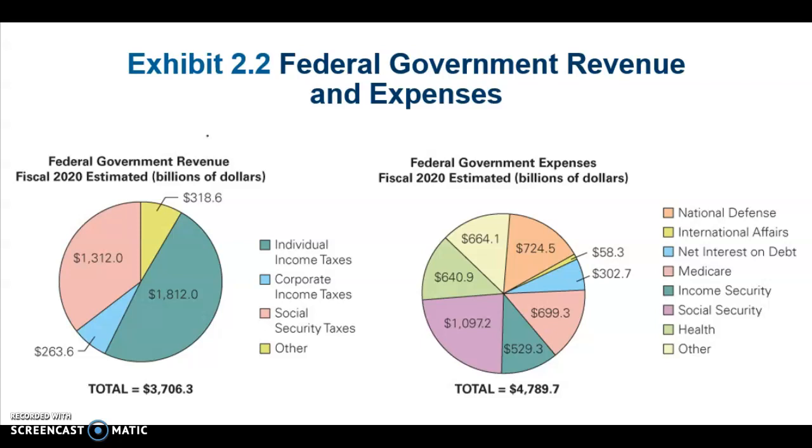These numbers changed dramatically after COVID, and by the end of 2020, the U.S. federal debt stood at $26.95 trillion.